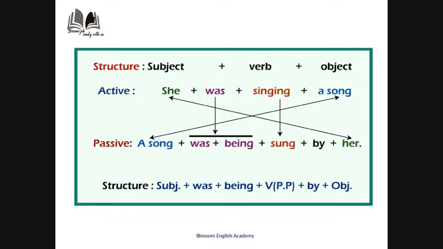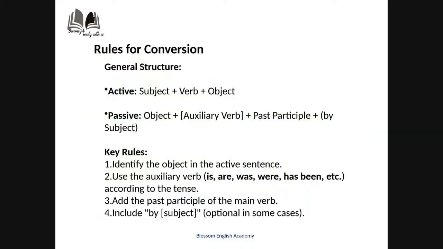So it would become by her. And this is optional. You can mention the doer in passive voice, or you may omit the doer of the action as well. That is possible in passive voice. We will learn about it in the upcoming slides. So what are the rules for conversion?